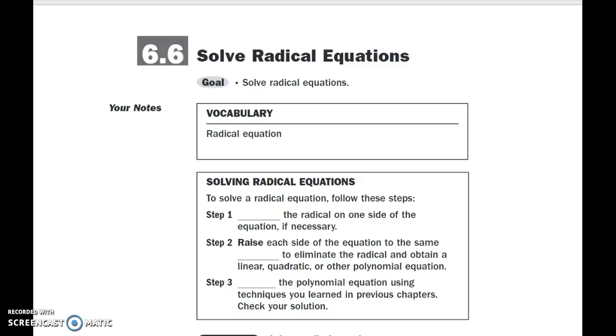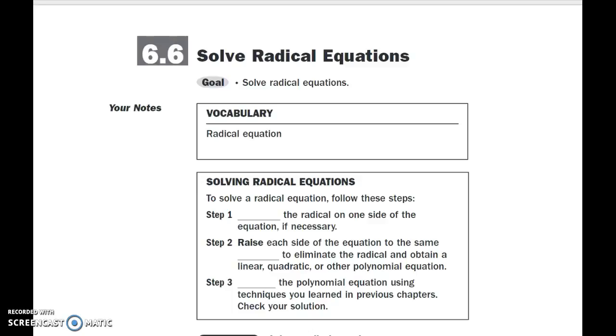Alright, so first of all, today you're going to be solving radical equations. We've simplified radical expressions. We've graphed radical equations. So now we're going to actually solve radical equations. So what is a radical equation?